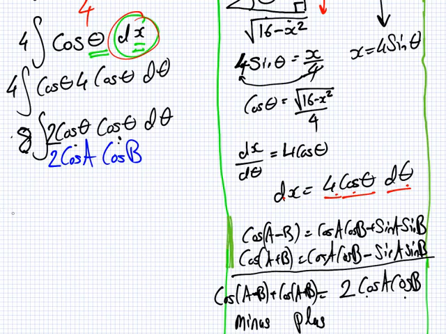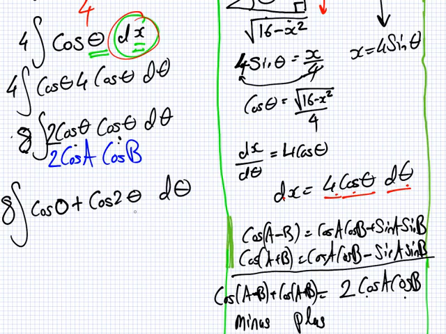So I can use my rule on the right to change this into 8, integrate. Okay, so what would be cos A minus B here? Theta minus theta, which is 0. So that's cos 0. Plus cos A plus B, what would that be? Cos 2 theta.